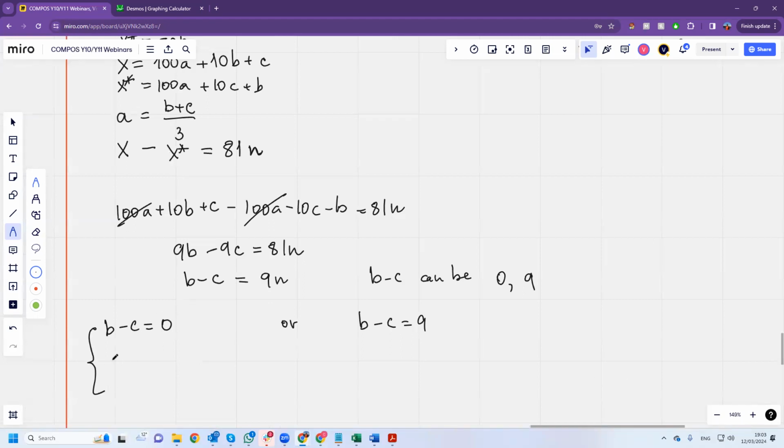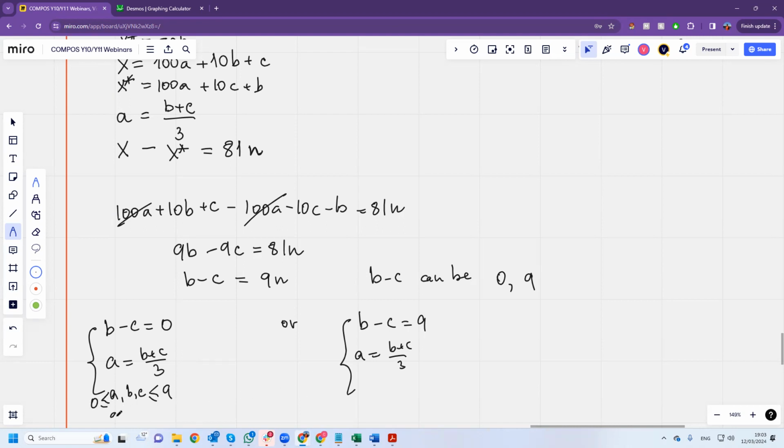Then what do we have? We have A equals B plus C over 3. And of course, we know that A, B, and C are less than or equal to 9, greater or equal to 0.